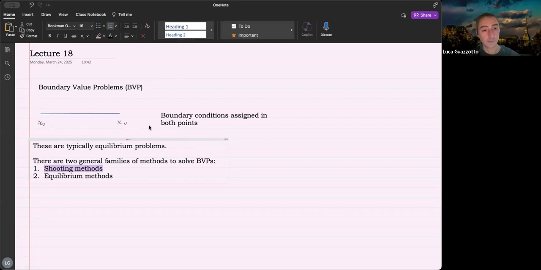Shooting type methods. The general idea is to take a guess for the value of the boundary conditions on one side of the interval that are not known, and integrate to the opposite side and hope for the best that you find on the opposite side the value of the function or the value of its derivative match what the assigned boundary conditions are.